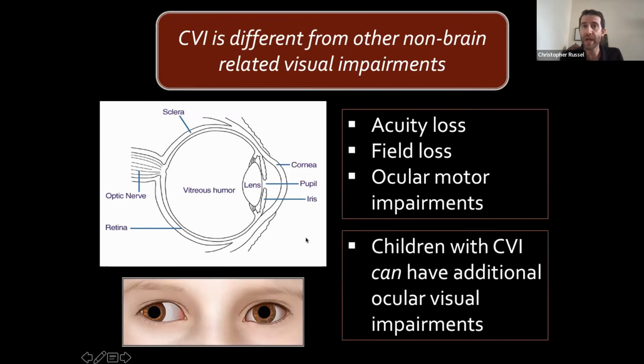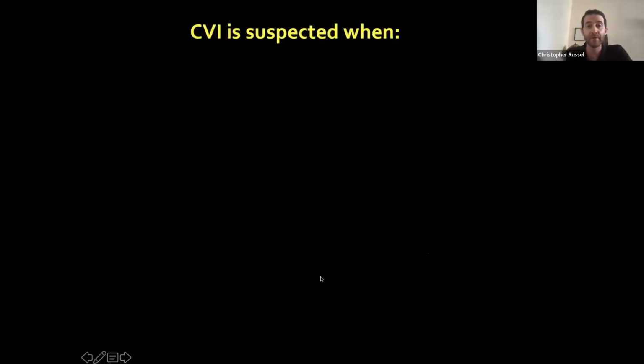If you do have a child who has CVI and an additional ocular form of visual impairment, we just need to know how the two are sort of separate and what that unique ocular condition is, how it's affecting vision separate from the processing impact of CVI, which is what I'm going to talk about functionally with you today.